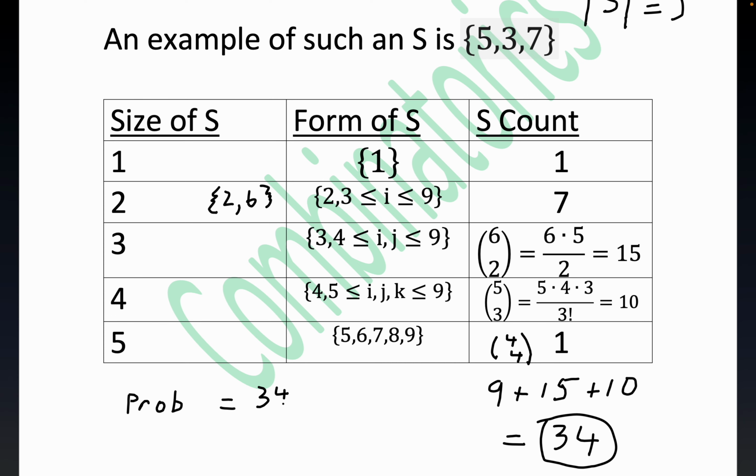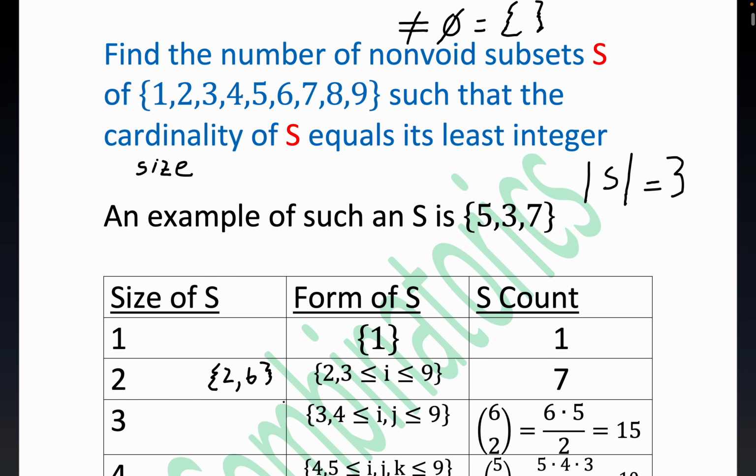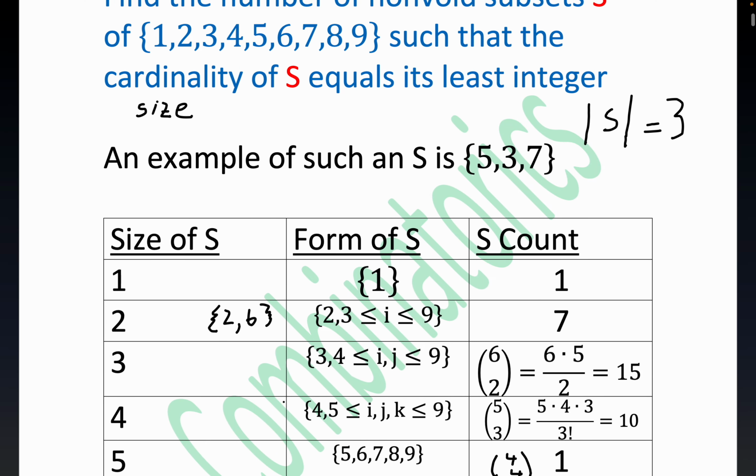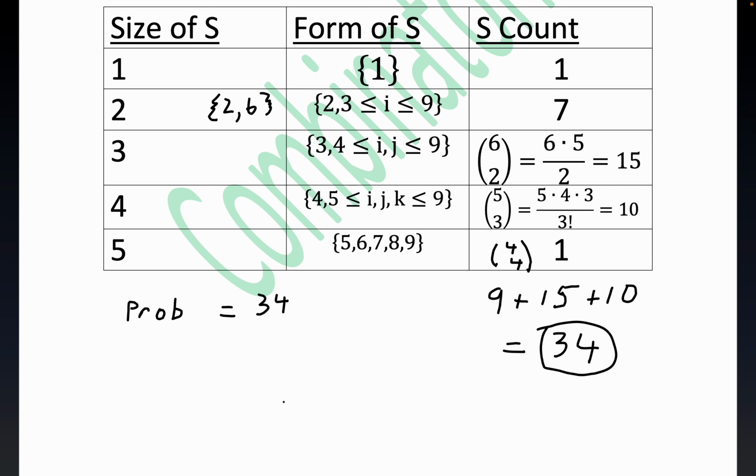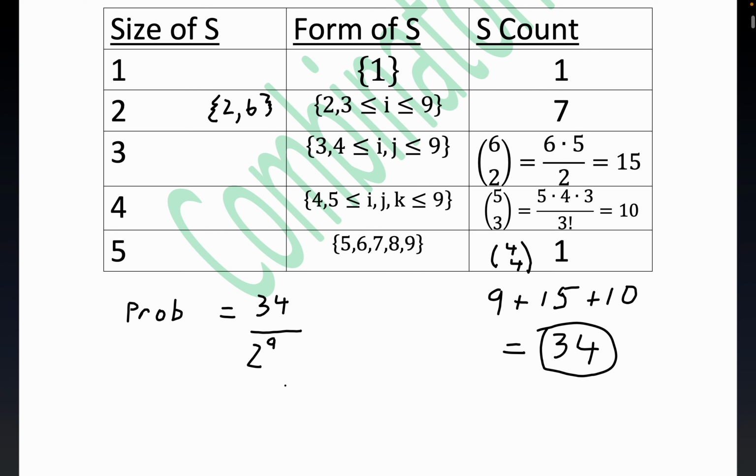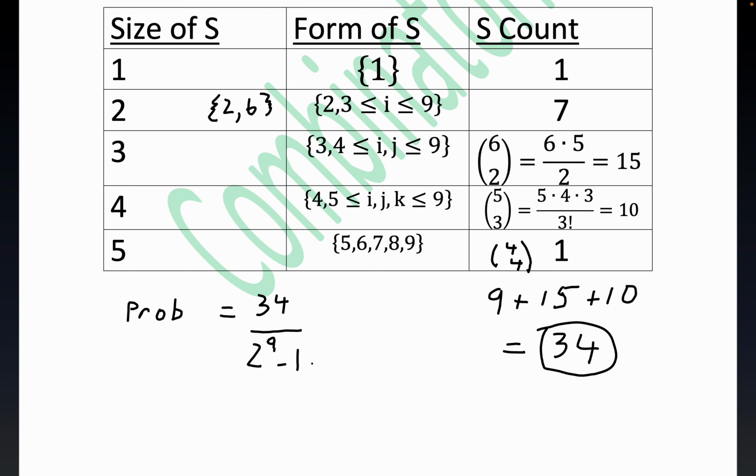Remember there's 9 elements to choose from, and so you would have to subtract off 1 from that. So that would be 2 to the 9th minus 1, because the binary form of 9 zeros would correspond to the empty set. So 34 divided by 2 to the 9th minus 1 would be the probability of something like this occurring.